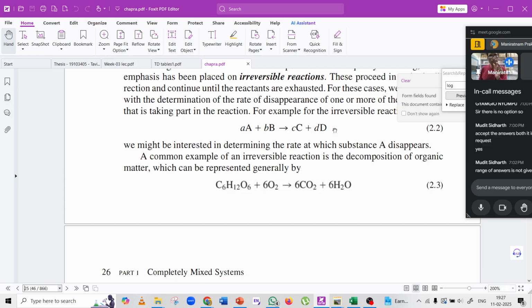Then that reaction won't be called a first order reaction. It will be called a pseudo first order reaction, because the overall reaction is behaving like a first order reaction, but due to the presence of one molecule whose concentration is constant throughout the time, not decreasing or increasing, that concentration itself becomes a constant for that kinetics.